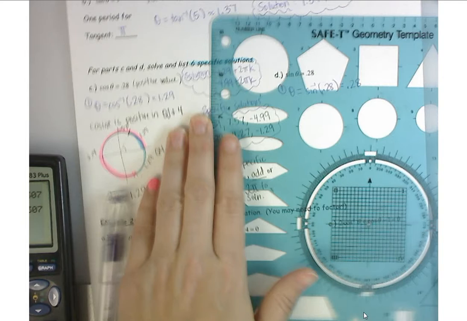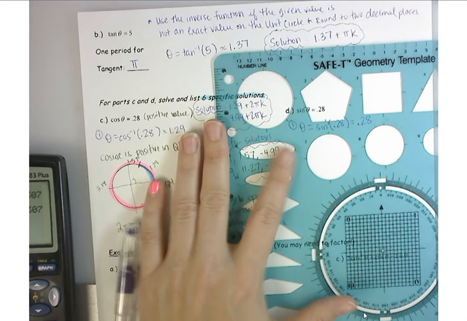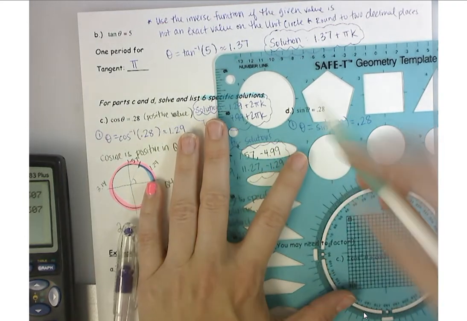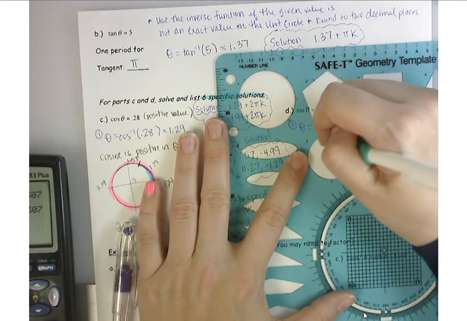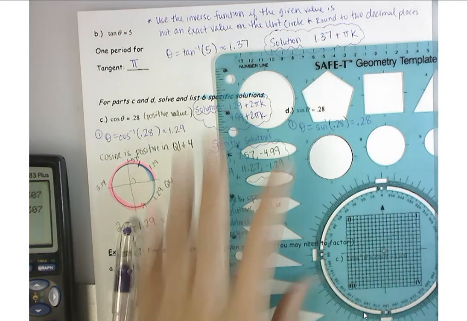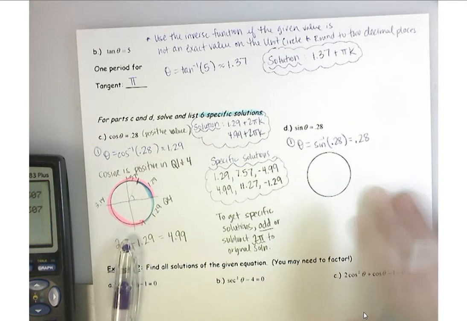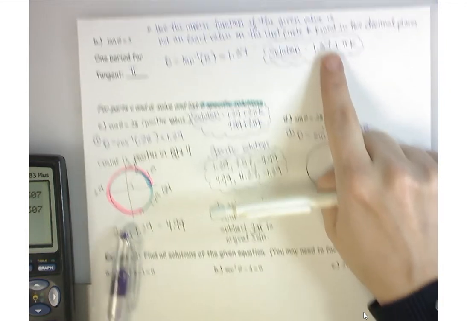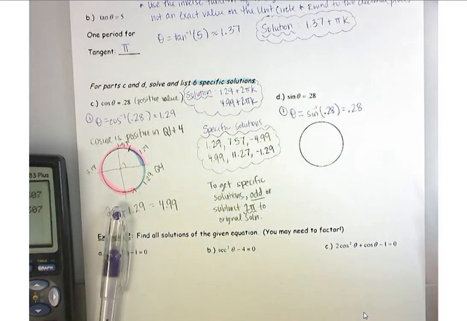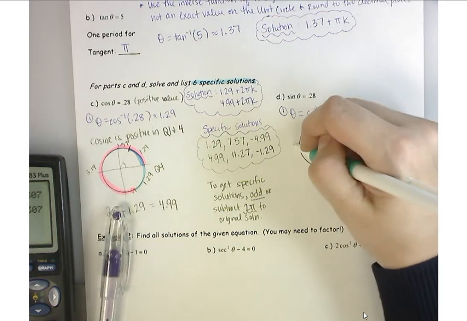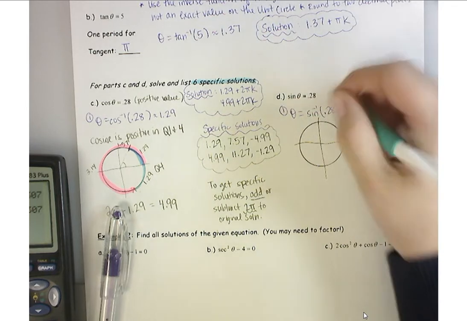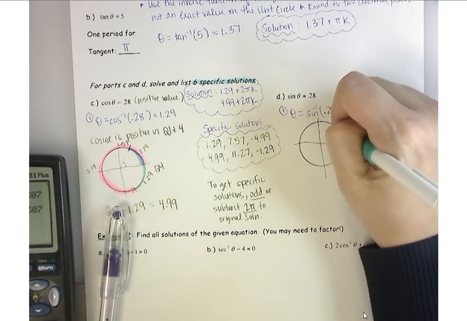our other equation is because it's sine. Okay, so for sine and cosine, you're going to have two different places. Okay, for tangent, you're going to have one, like we had here. Okay, so if we get 0.28, we know that's in what quadrant? Quadrant 1.